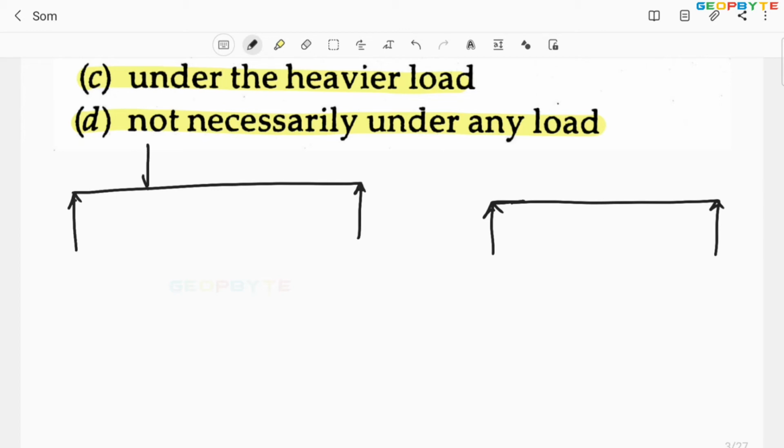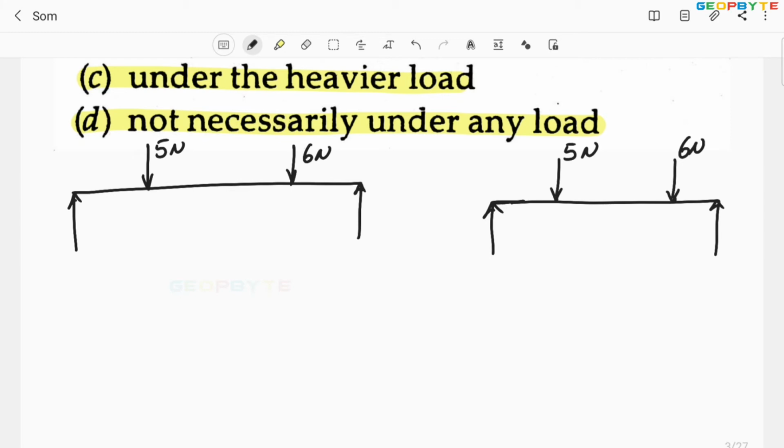For both cases, let us take the loads 5 newtons, 6 newtons. Here also 5 newtons, 6 newtons. To conclude, where do you get the maximum bending moment?